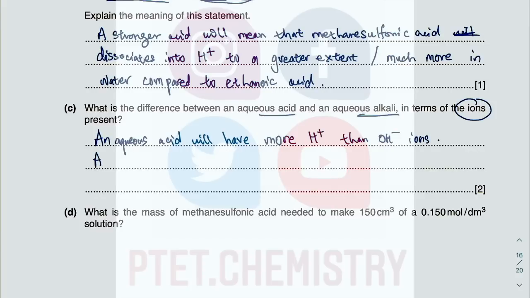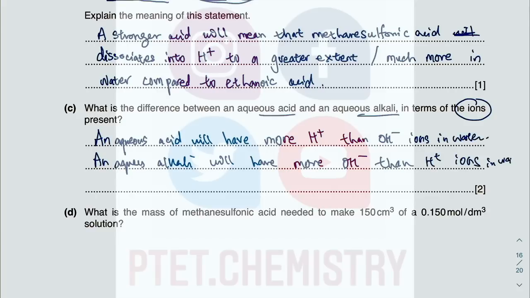A base or an aqueous alkali will have more OH minus than H plus ions in water. What do I mean by that? I know what some people will say. Some people will say aqueous acid contains H plus. Aqueous alkali contains OH minus. Is that correct? What does aqueous mean?